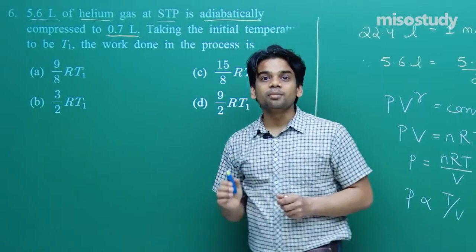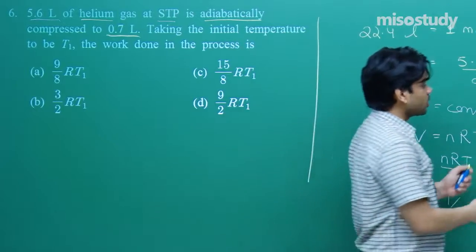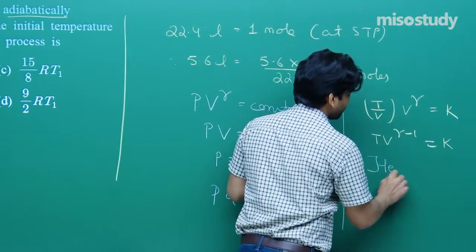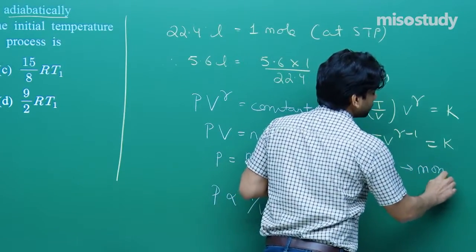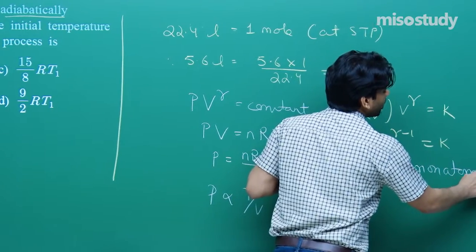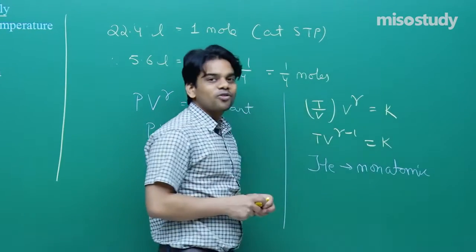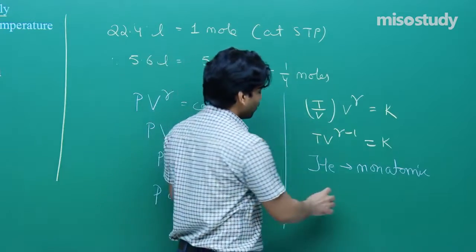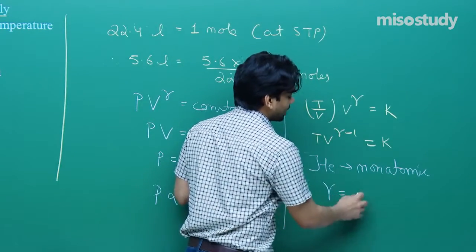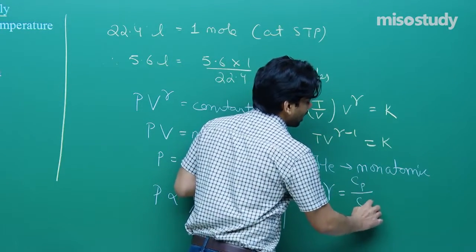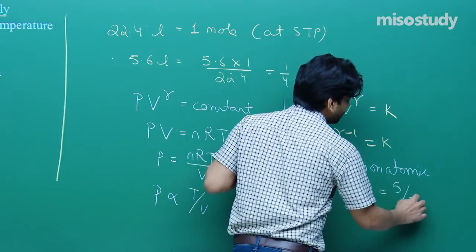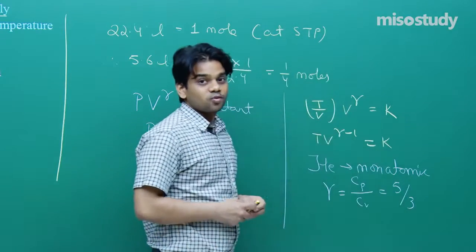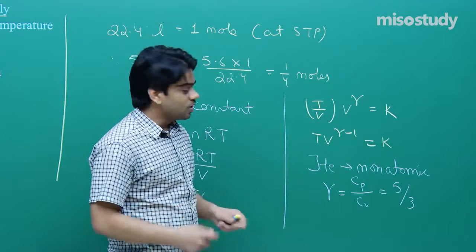Now next thing you see here, it's given that it's a case of helium gas. Helium is a monoatomic gas. From monoatomic, you must be knowing what value of gamma should be used. Gamma in the case of a monoatomic gas is Cp by Cv, and that is actually 5/3. This is what we know about the adiabatic constant of a monoatomic gas.